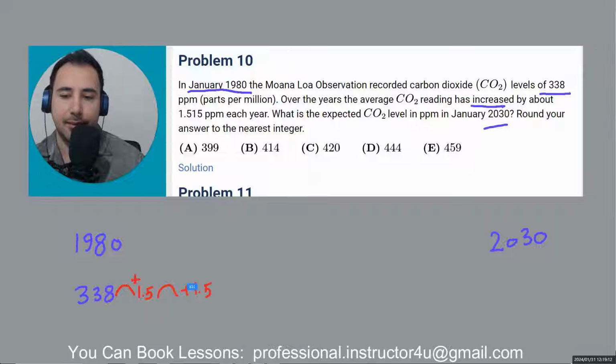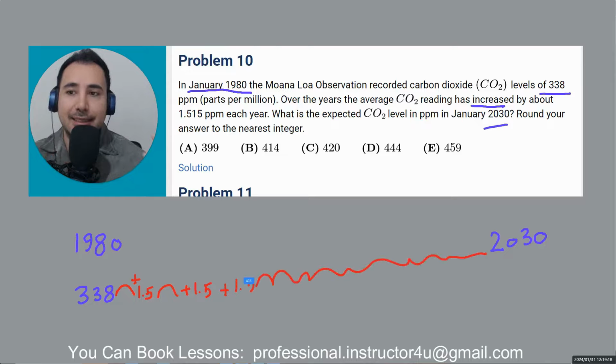And again, next year, plus another 1.5. And you do this. So this is the visualization you need to have. When you read the question, even when you don't draw it, you have to have this. If you don't have it as you read it, then the question becomes difficult.